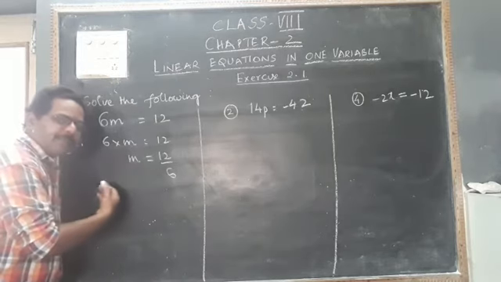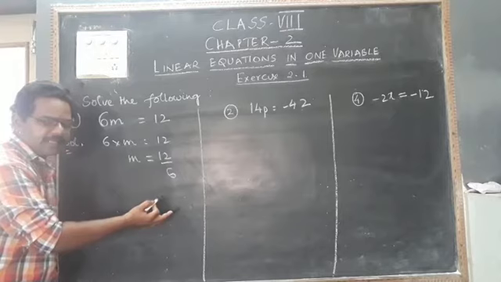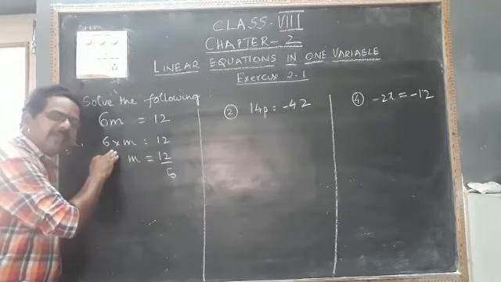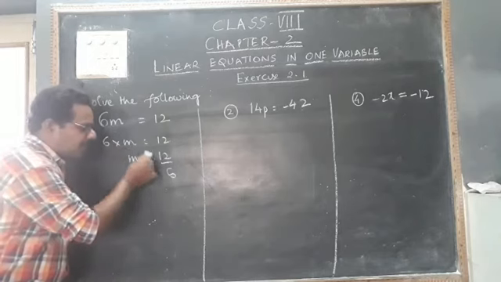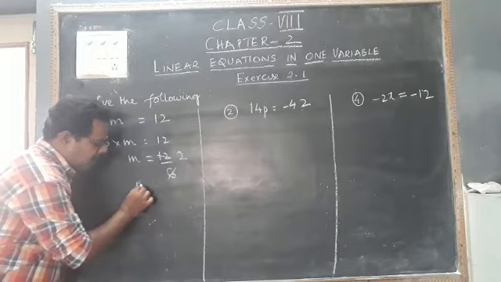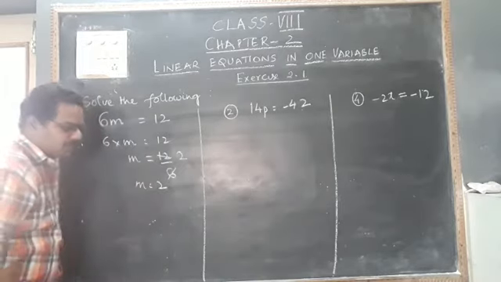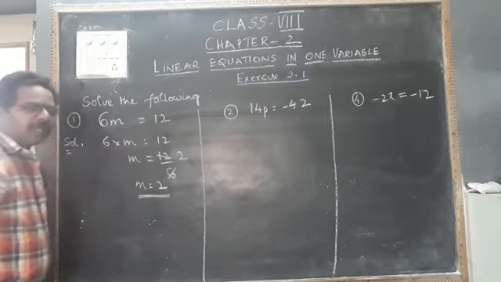If it is plus, it will change into minus. If it is minus, it will change into plus. If it is divided by on this side, it will change to multiplication, and multiplication changes to division. 6 ones are 6, 6 twos are 12. Now m is equal to 2. M is equal to 2 is the solution of the given simple equation.